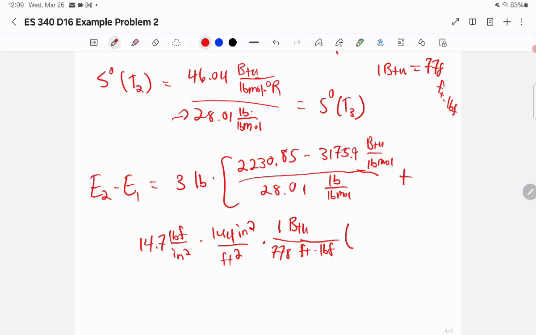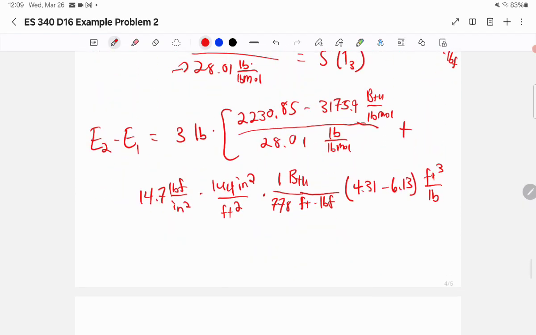The pound force goes away, the inches go away, and this is going to be in terms of foot cubed per pound, the volume here. There we go. Which will end up getting me BTUs per pound, and then when I multiply by the pounds, I'll get it in BTU. So very good.